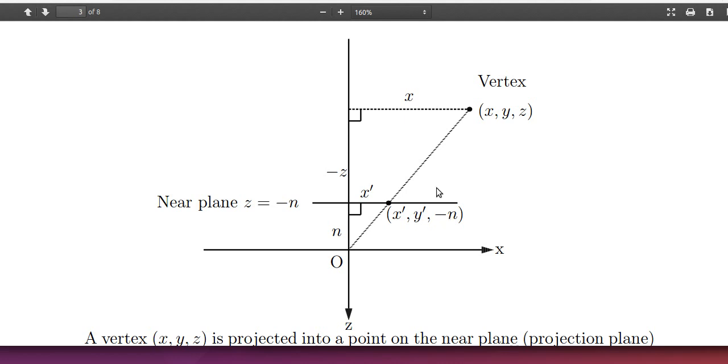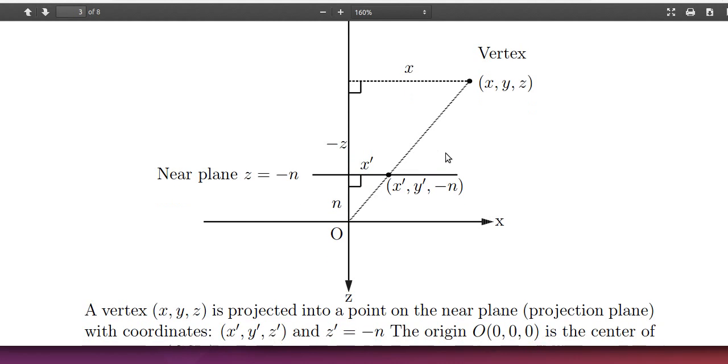This can be done easily using similar triangles. We have two similar triangles here, and the ratio of x dash over x is equal to n over negative z. The z is negative, so negative z is positive.